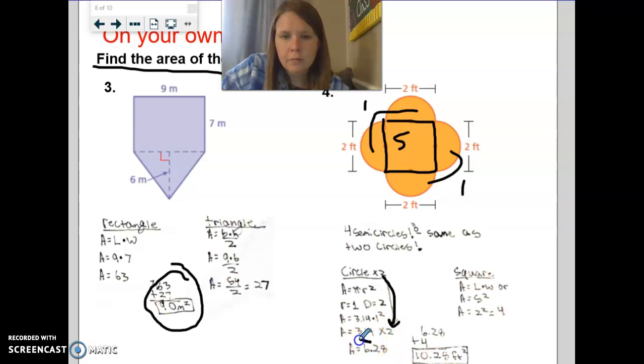So the area for the 2 circles is 6.28. Then using my square, you can either do length times the width, or squares are the same as if you take the side and you square it, hence squared, okay? So the side lengths are 2, and I'm going to square them, which is 4, so I'm just taking that 4 and adding it to the 6.28, which gives me 10.28.